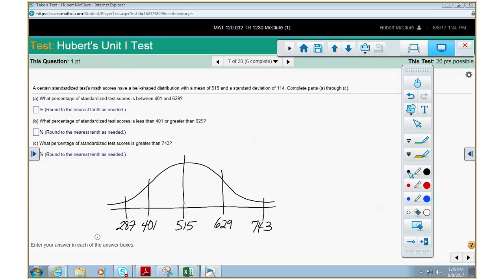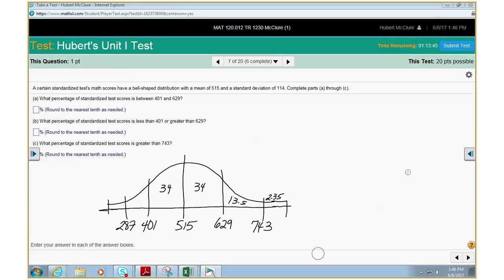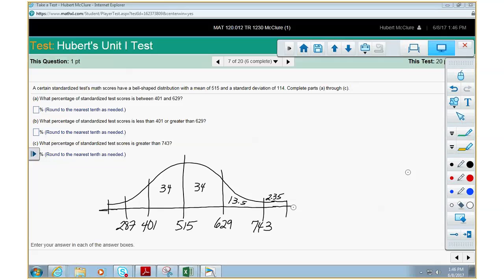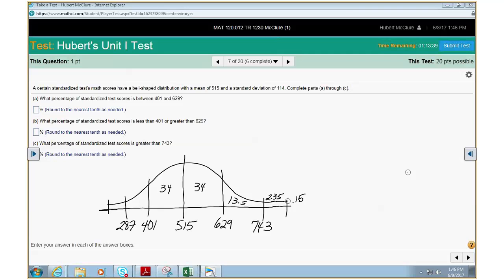Now I'm going to put my empirical rule numbers up here for you. 34, 34, 13.5, 2.35, and 0.15. And 0.15 here, and 2.35, and 13.5.